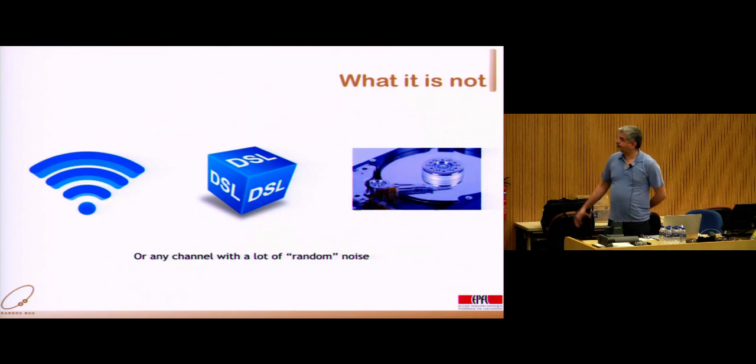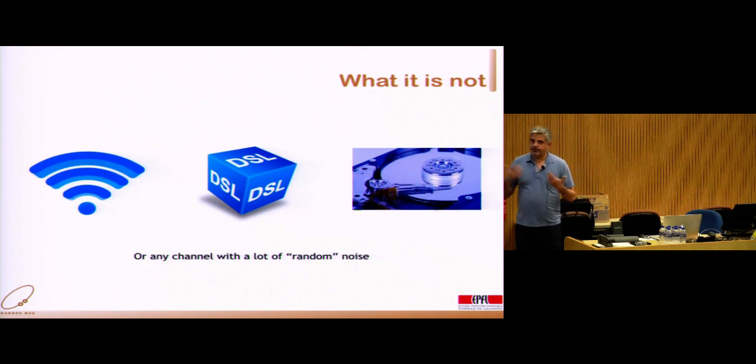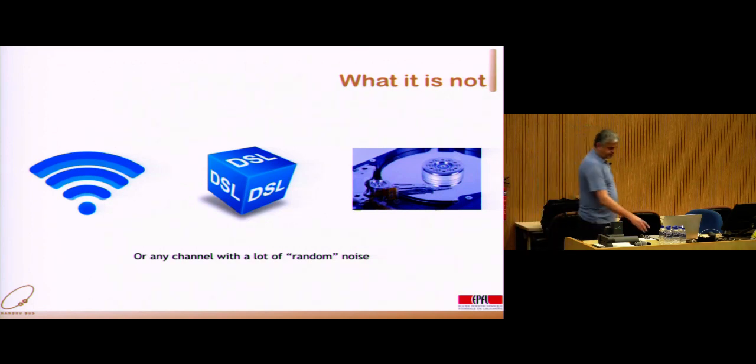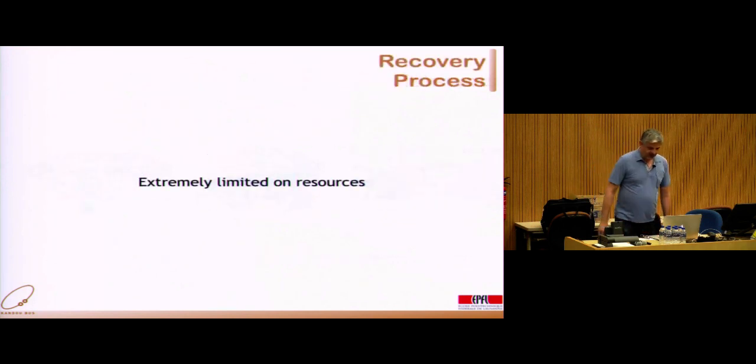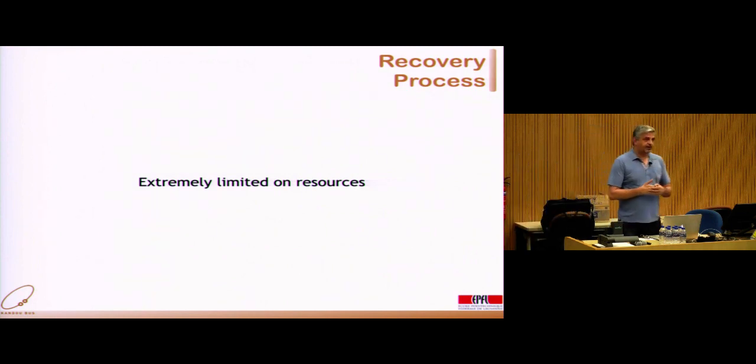And the point is, the channel we're dealing with here is none of the above. In all these channels, noise is dominated by what's called random noise. You don't know really anything about the nature of that noise. In fact, on this channel, the noise is mostly deterministic. Mostly you know what will happen, but you can't really do anything about it because you're extremely limited on resources.